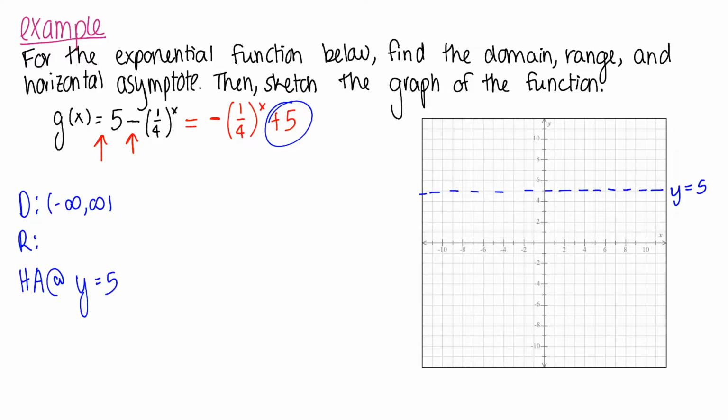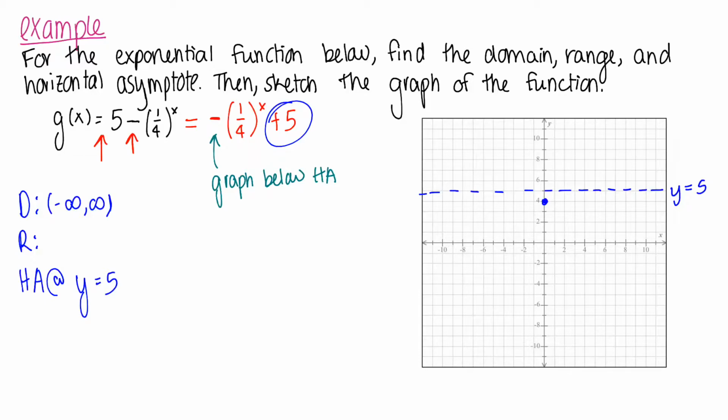There is a negative out front, which means that we will be graphing below the horizontal asymptote. There's no left or right shifts, so let me use blue here. The y-intercept is going to be 1 unit away from the horizontal asymptote, and since it's below, it's 1 unit below. And then you just need more points to plot.